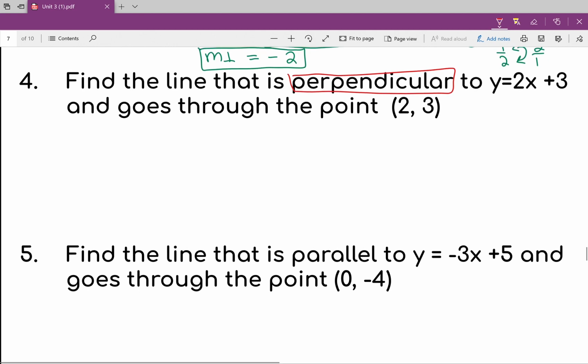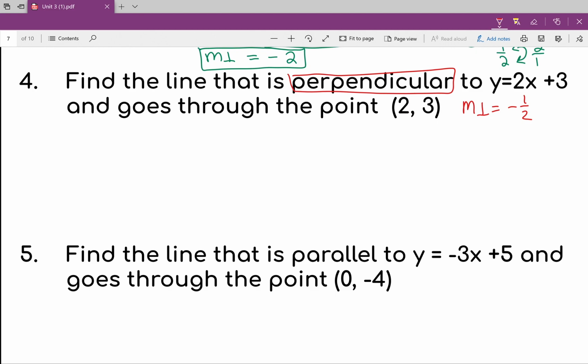First we need to find a slope that is perpendicular to 2. Remember, perpendicular means opposite reciprocal. So the opposite of positive 2 is going to be negative. So the perpendicular slope is equal to negative, and then if we took 2 and flipped it, that would become 1/2. So that's our perpendicular slope.